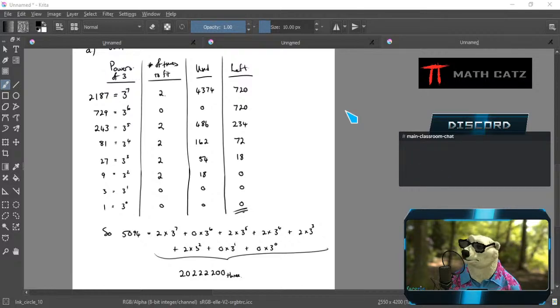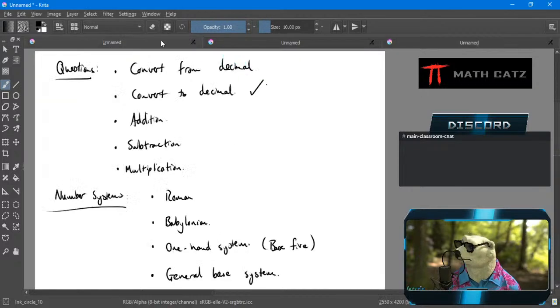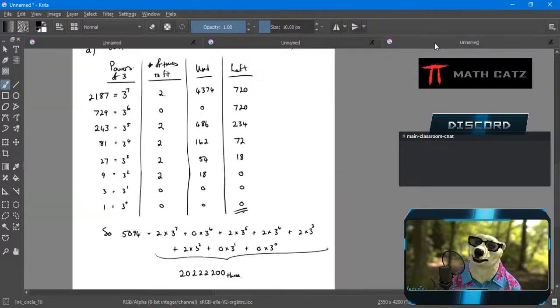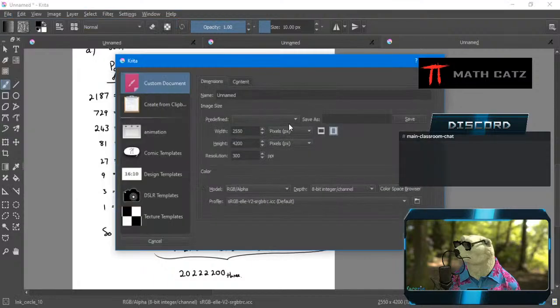Alrighty, alrighty. So, check off another one that we've now completely done for all the number systems we need. Then, the last things to do, just like always, are the arithmetic questions.